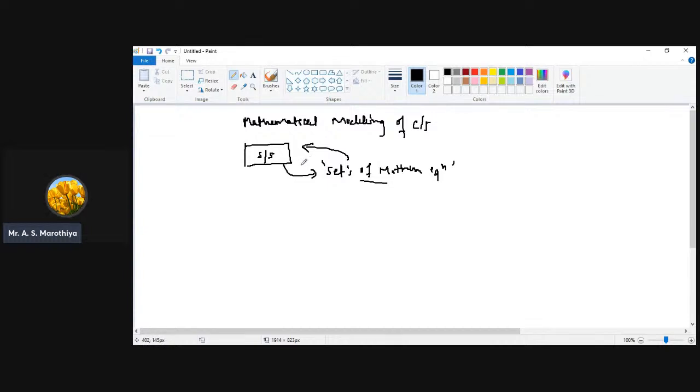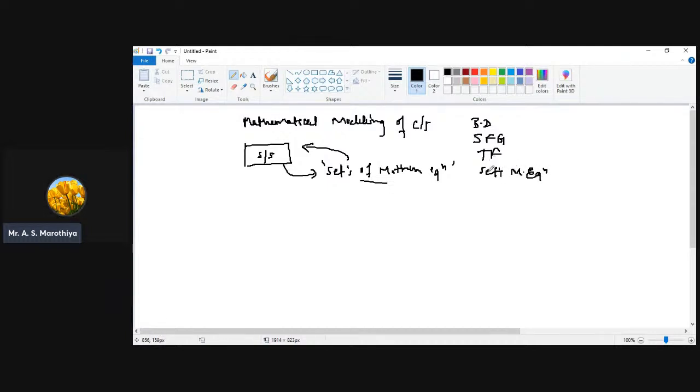So there are n number of ways to represent a system. We may represent the system in the form of a block diagram. We may represent the system in the form of a signal flow graph. We may represent the system in the form of a transfer function. We may represent the system through sets of mathematical equations.